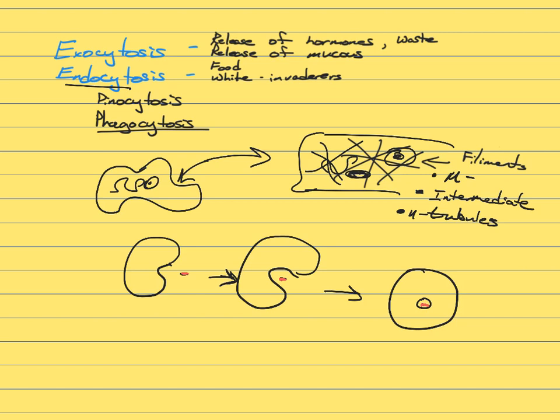If it's a piece of food, it's a food vacuole. If it's an invader, it's a bacteria in that vacuole and that vesicle, and you have to fuse it with a lysosome or peroxisome that's going to tear apart whatever it is so that the cell can use those resources and get rid of the invader or whatever the case may be. So that's exocytosis and endocytosis.